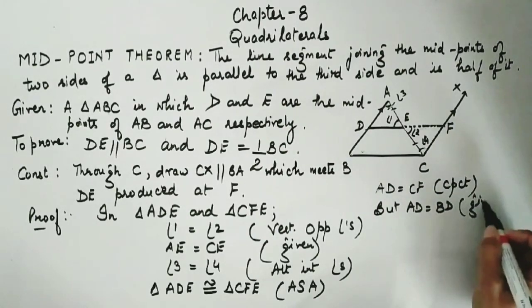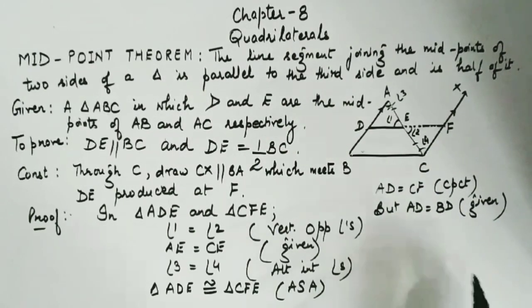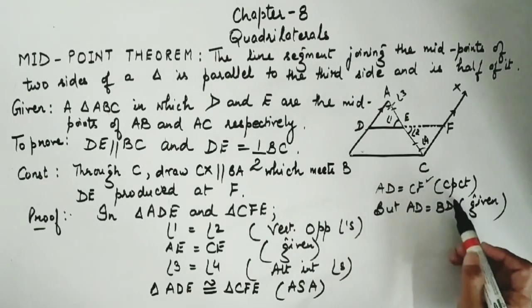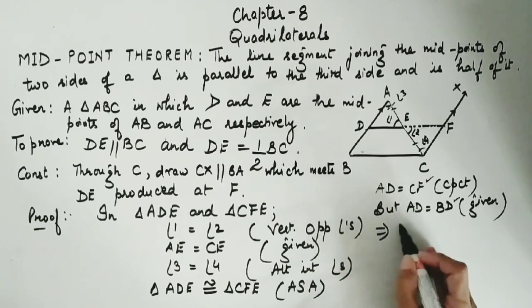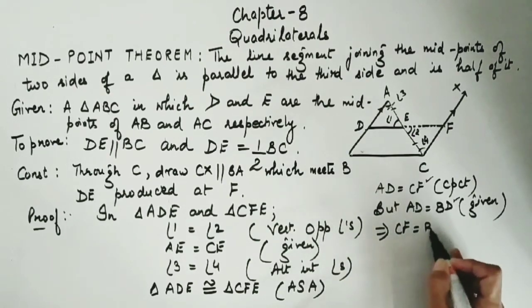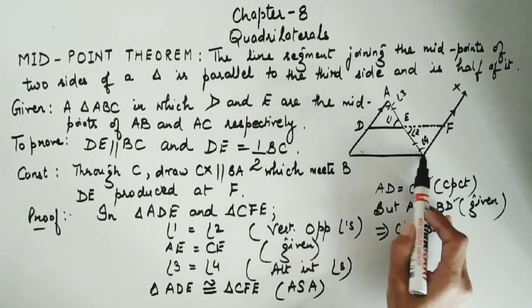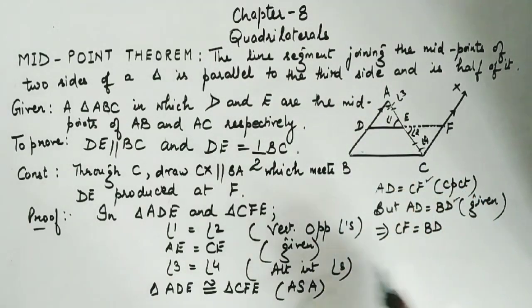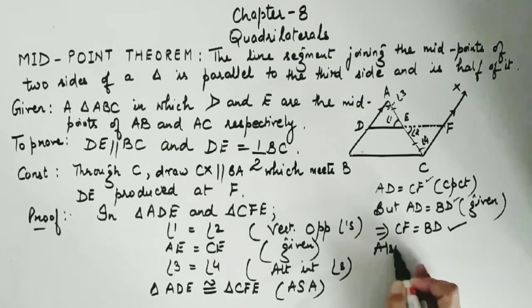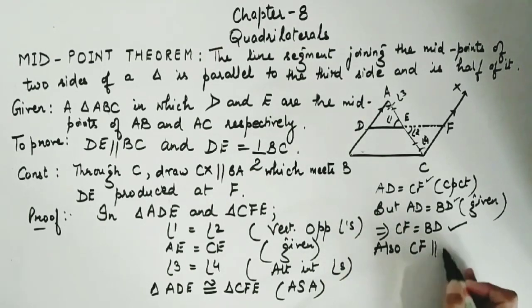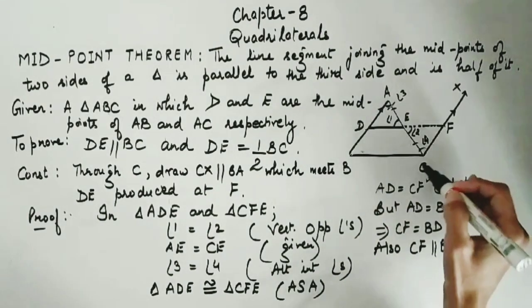This information is given to us. From these two, what do we observe? AD is common, that implies CF is equal to BD. Also, CF is parallel to BD. Why are they parallel? This was by construction.